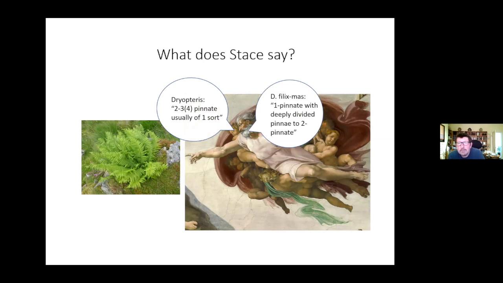Stace never says anything without having done a lot of research. So I think what he's saying there is the bipinnate idea has been around for a long time, but really they're probably 1 pinnate.